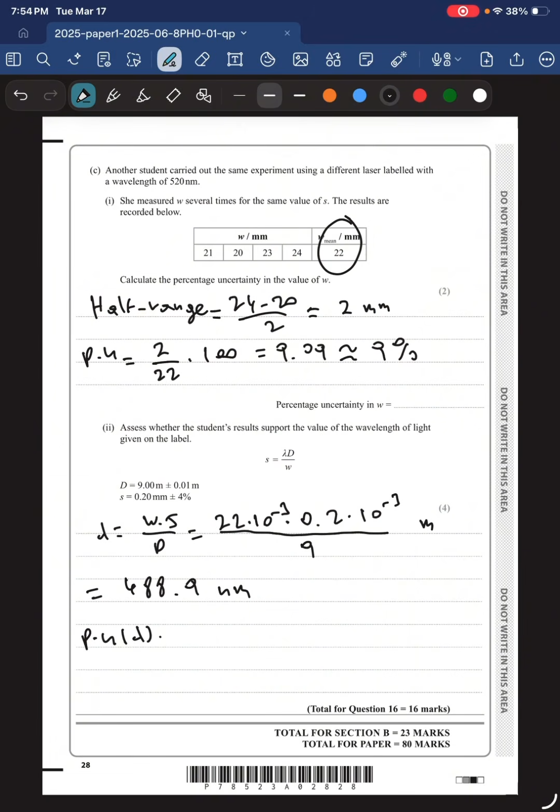The percentage uncertainty in lambda is equal to the percentage uncertainty in W plus the percentage uncertainty in S plus the percentage uncertainty in D. Okay, because whenever we multiply and divide physical quantities, we add the percentage uncertainties. I have a video on uncertainties. Go search my video library and you will find it. Okay. Now the percentage uncertainty in W is 9.